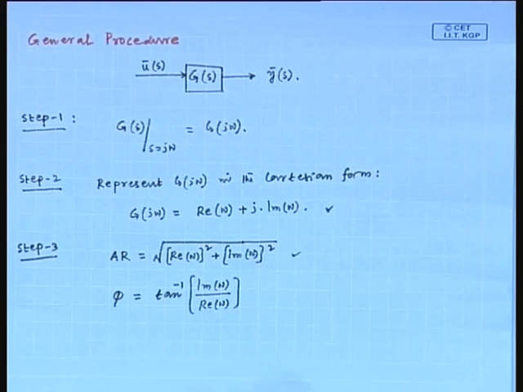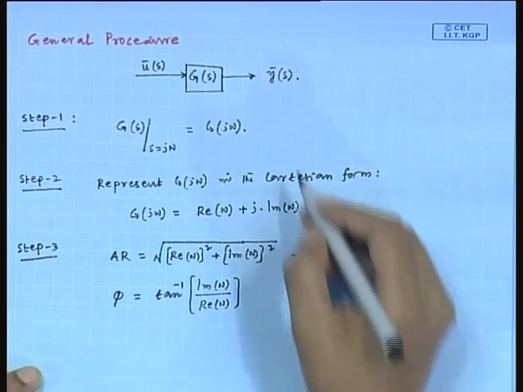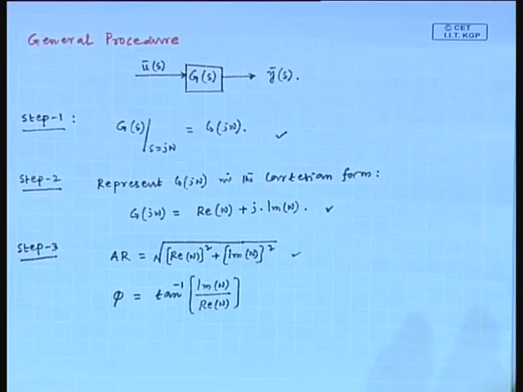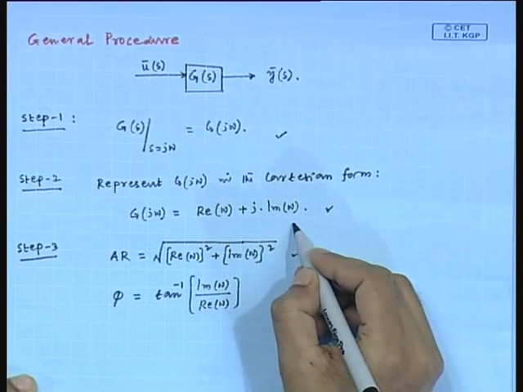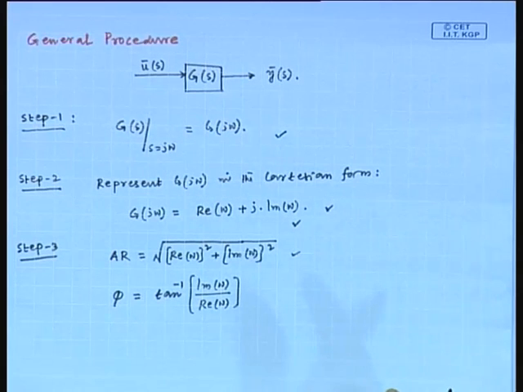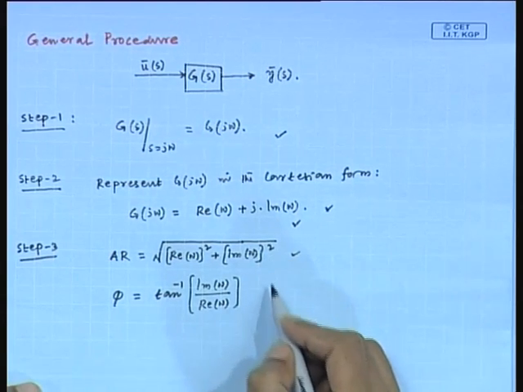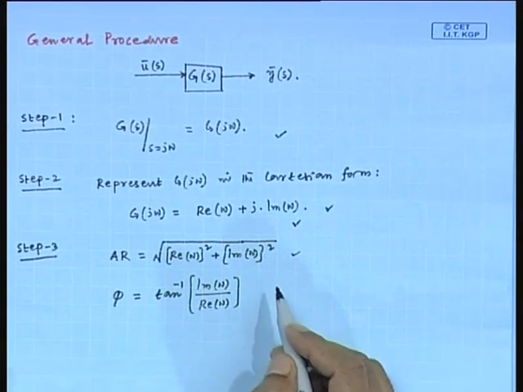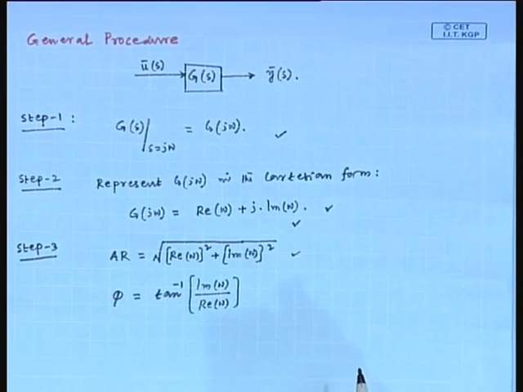So, you just substitute s equals j omega to get the frequency response transfer function, then represent that in this form. I mean, just try to find out the real and imaginary part. After doing that, use these two expressions to obtain amplitude ratio and phase angle.